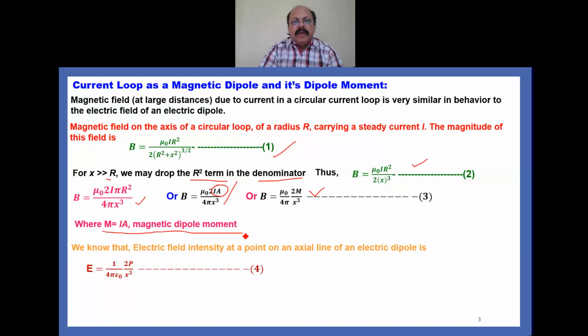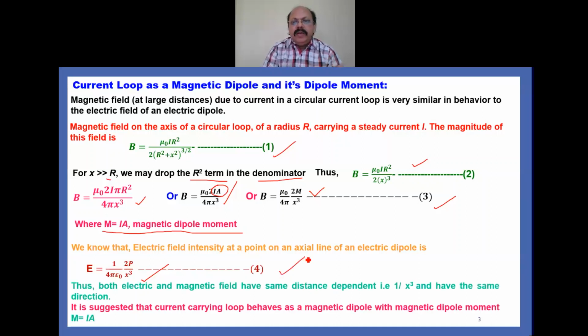Now, as we have already calculated the electric field intensity at a point on the axial line of an electric dipole, that is E equal to 1 upon 4 pi epsilon naught, 2p upon x cube. Now we compare equations 3 and 4.